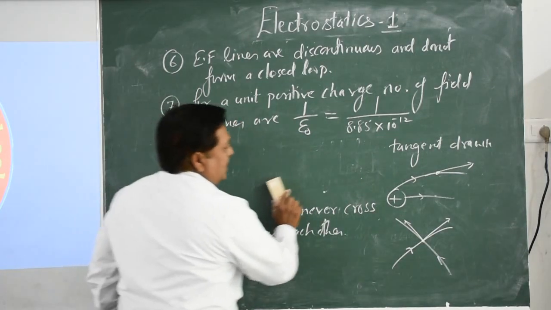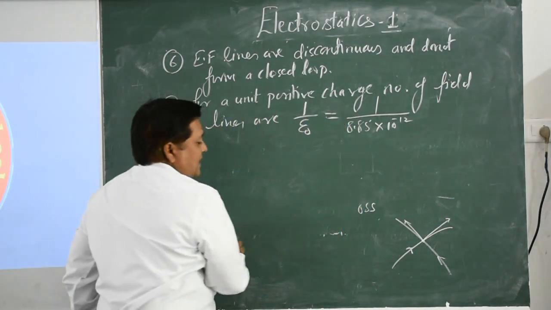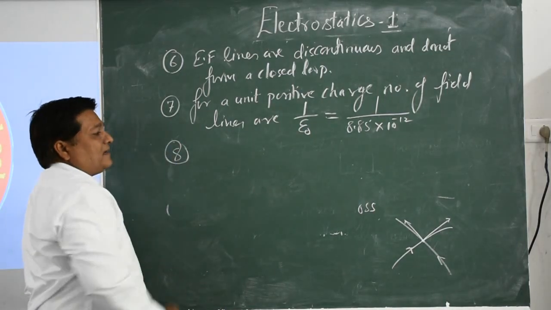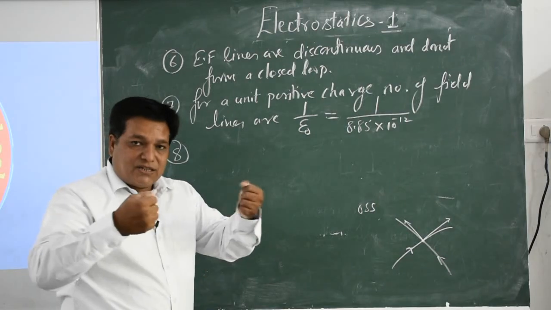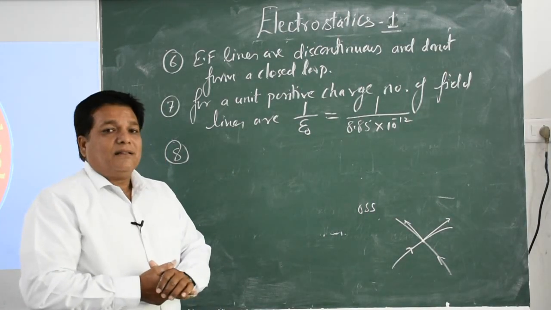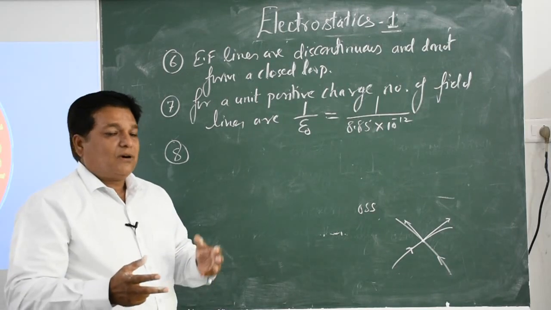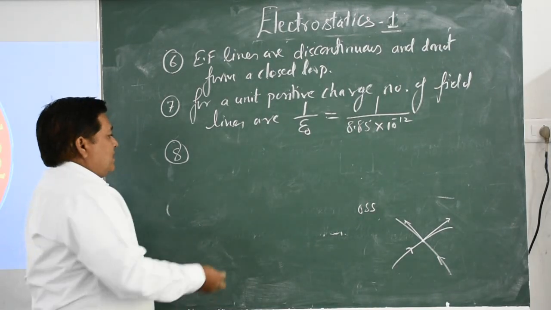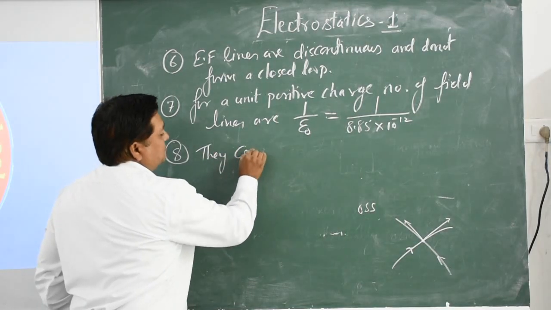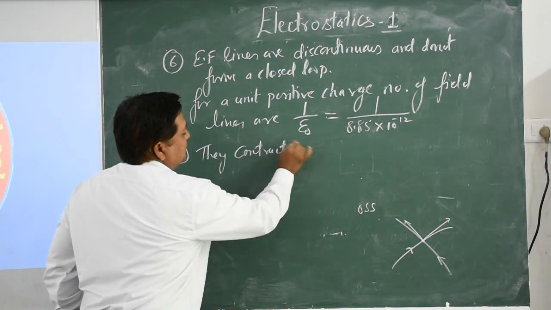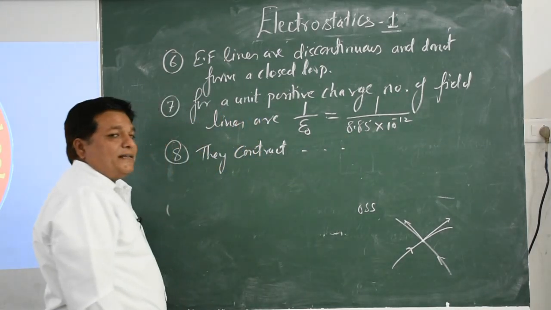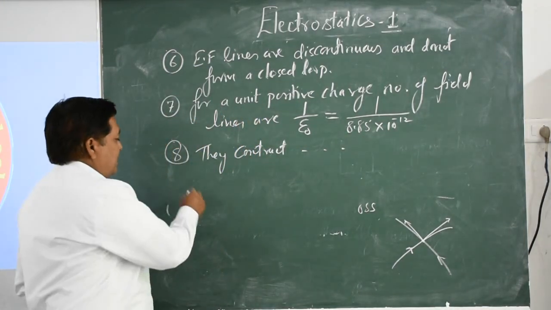We can consider the next property of the electric field lines: the electric field lines seem to stretch or contract, which shows the force of attraction between the two opposite charges, they contract each other when the positive and negative charges are there, means unlike charges are there.